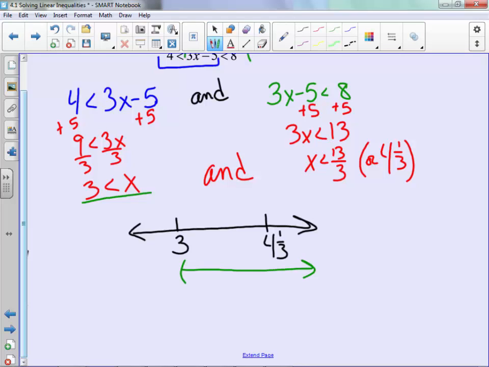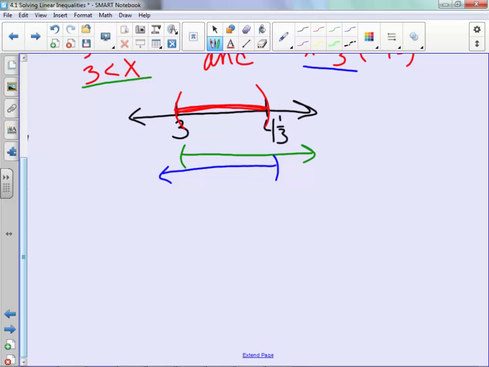And the second one, less than here. Remember, and is where we want both of our answers. So here's our answer. And in interval notation, this will be from 3 up to 4 1/3.